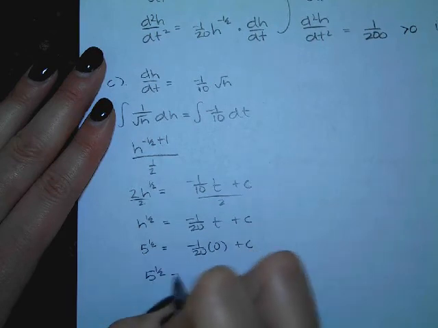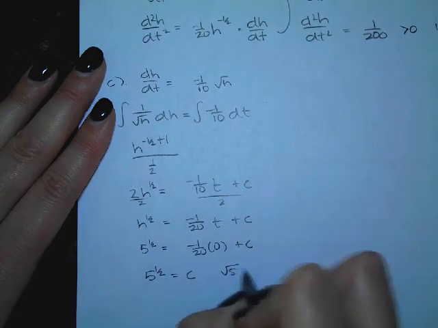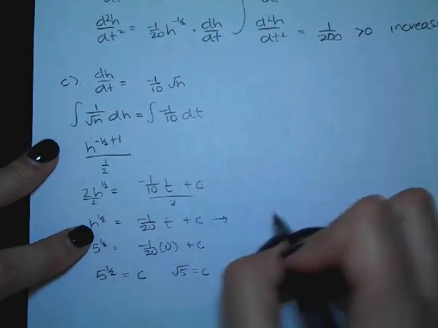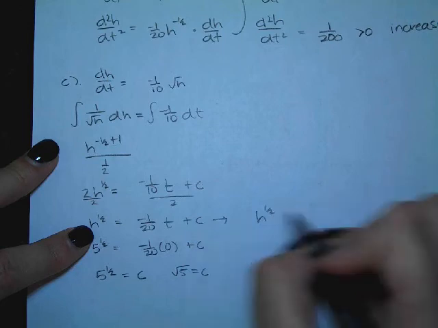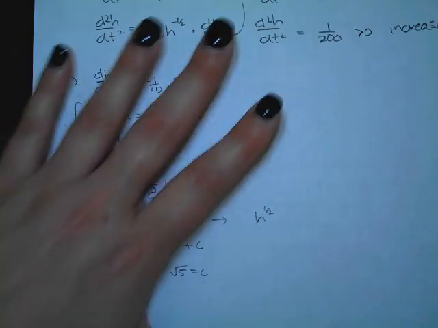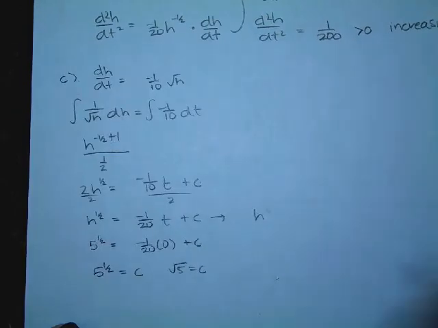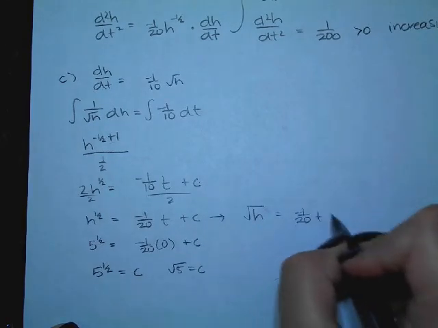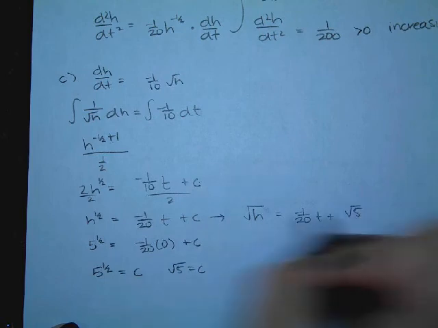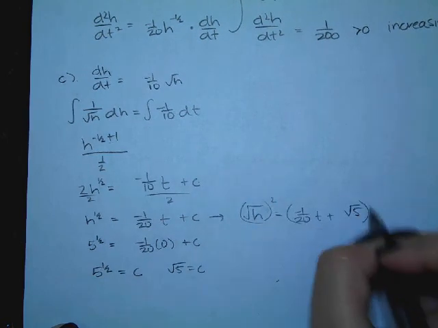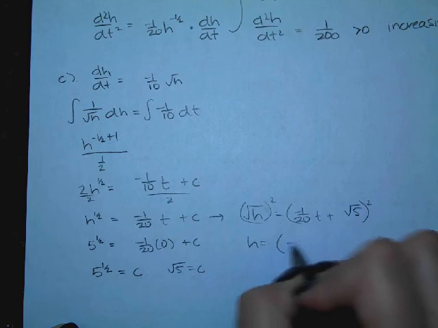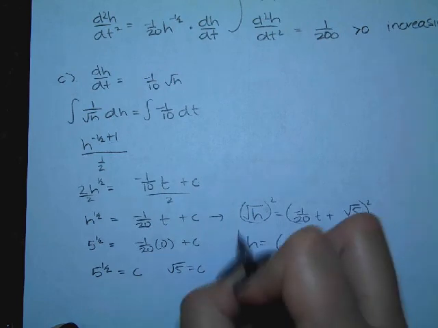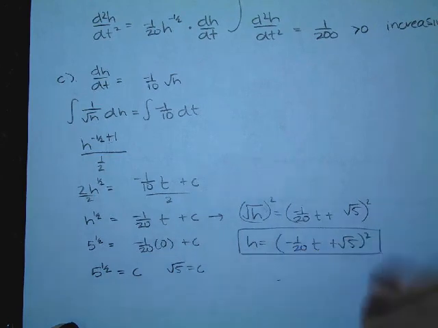So 5 to the 1/2 is c, which means that the square root of 5 is c. Okay, so I'm going to go back to this point. And actually, if you want, you can go ahead and just call that square root h now. And then I'll square both sides. And leave it just like that.